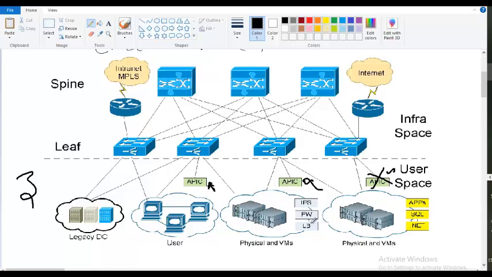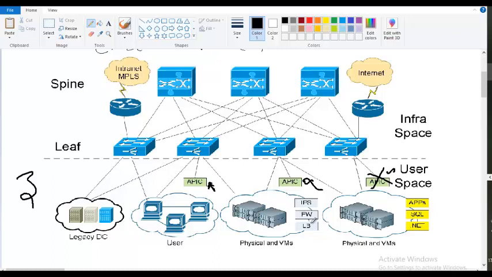More than half. If you have 3 controllers, then 2 must be available all the time in order to perform the write operation. If one goes down, no problem. You can write, you can read. But if 2 APICs go down, the state of the APIC will fall to read only. You can only read, you cannot write.